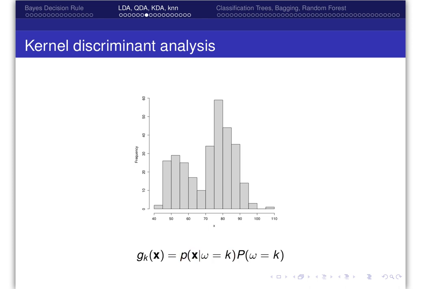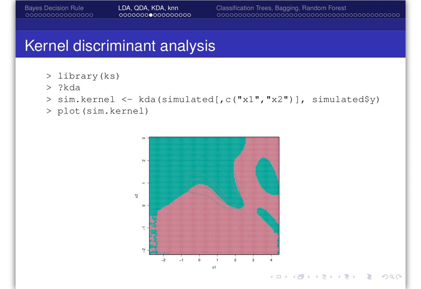That is, kernel discriminant analysis substitutes the nonparametric estimates of the class conditional densities derived using kernel estimates into Bayes' decision rule. The R package ks includes a function, kda, for performing kernel discriminant analysis.